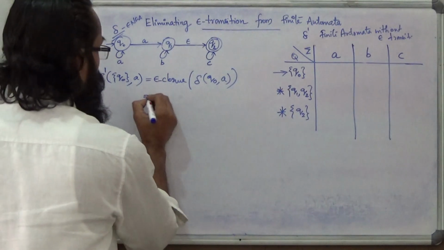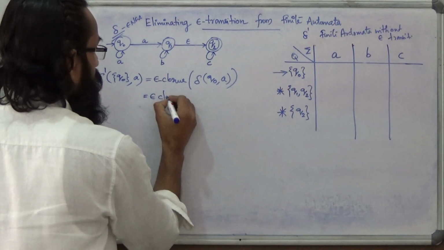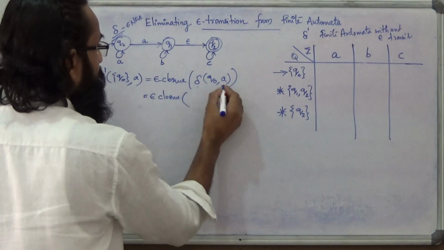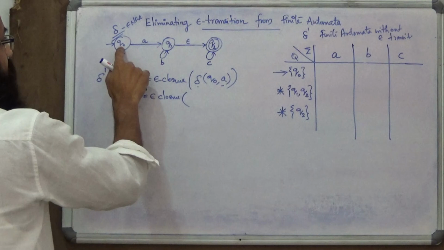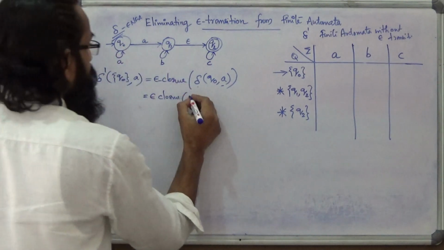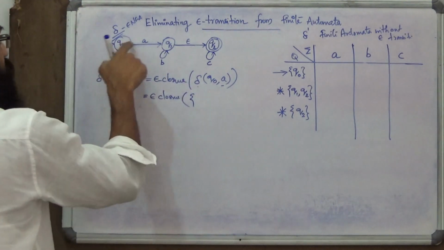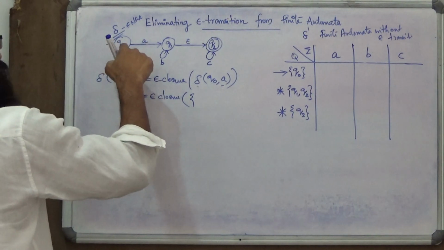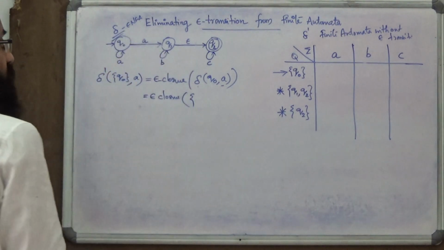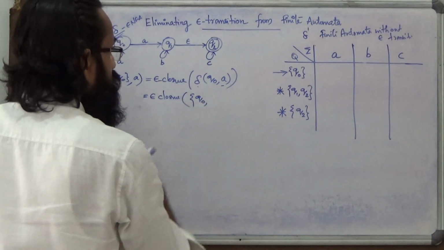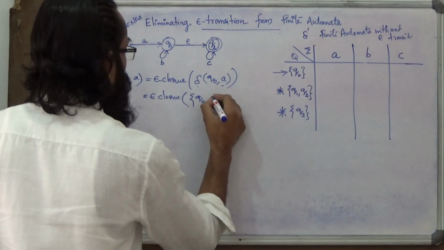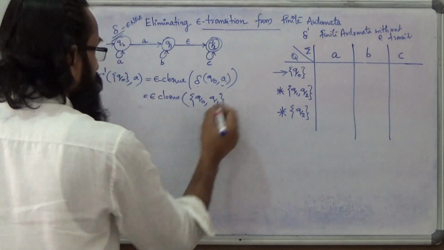So what is delta Q0 A? Delta Q0 A is the set Q0, Q1. From Q0, by consuming A, it can go to Q0 and Q1.